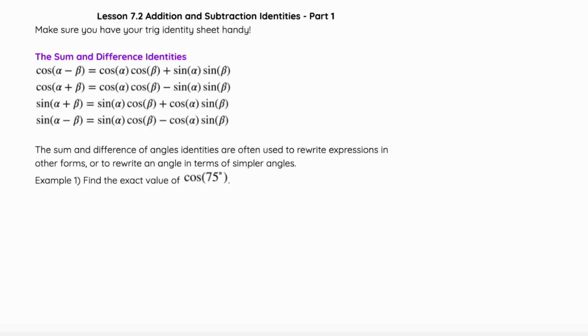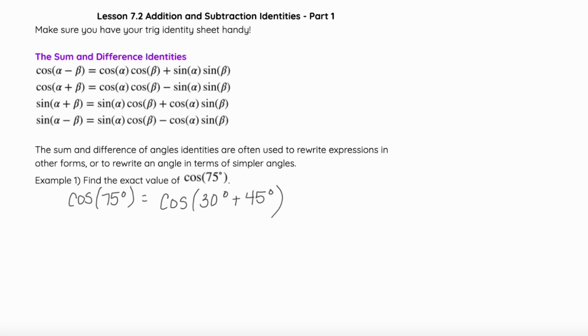So when I look at, as an example, cosine of 75 degrees, it's asking for the exact value of cosine of 75 degrees. But 75 degrees is not on our unit circle. But what I can do is rewrite 75 degrees into two values that I do know the exact values for. So I could treat this as cosine of 75 degrees is the same as cosine of 30 degrees plus 45 degrees.